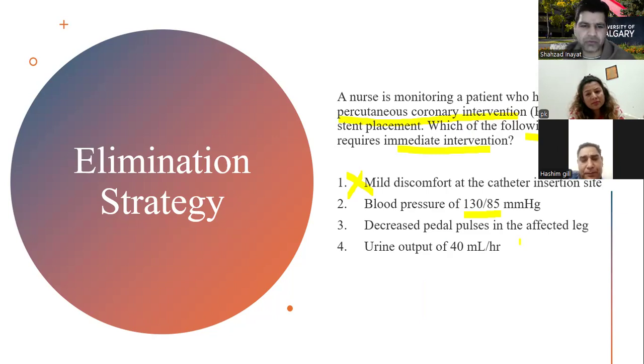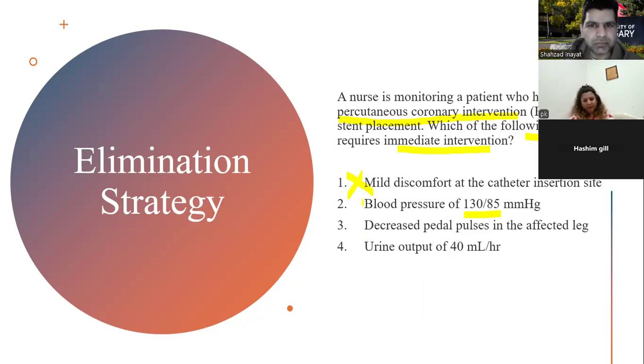and the coronary intervention procedure is done through the femoral artery, this can indicate there could be dissection of the artery, improper circulation, or hematoma formation, this can be anything. So that's why this requires immediate intervention. Rest of the options, like the blood pressure is okay.